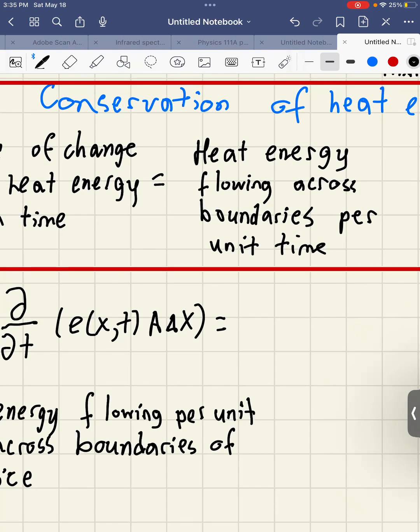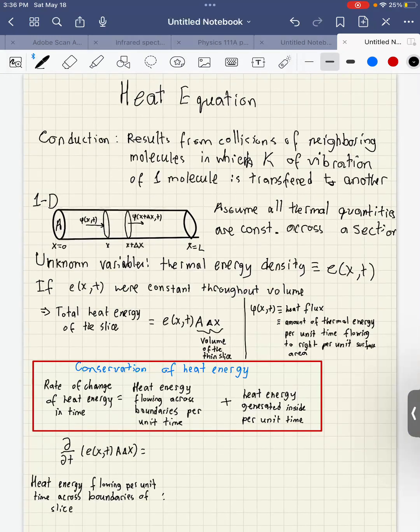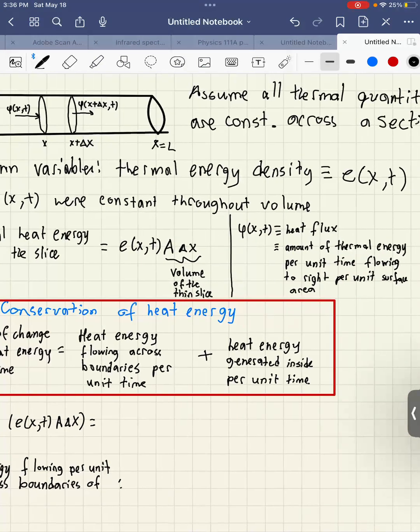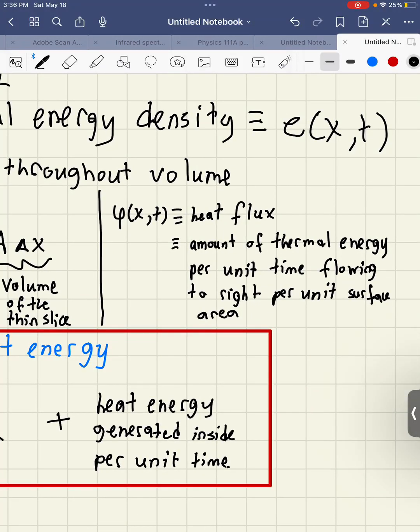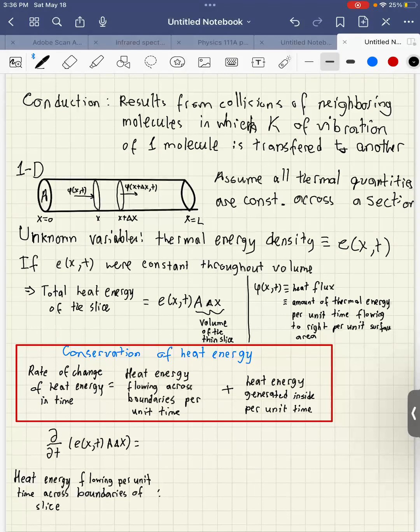I just need to find the total rate of the heat flux entering in and exiting out. The heat flux itself already contains the per unit of time. It's just the rate itself.